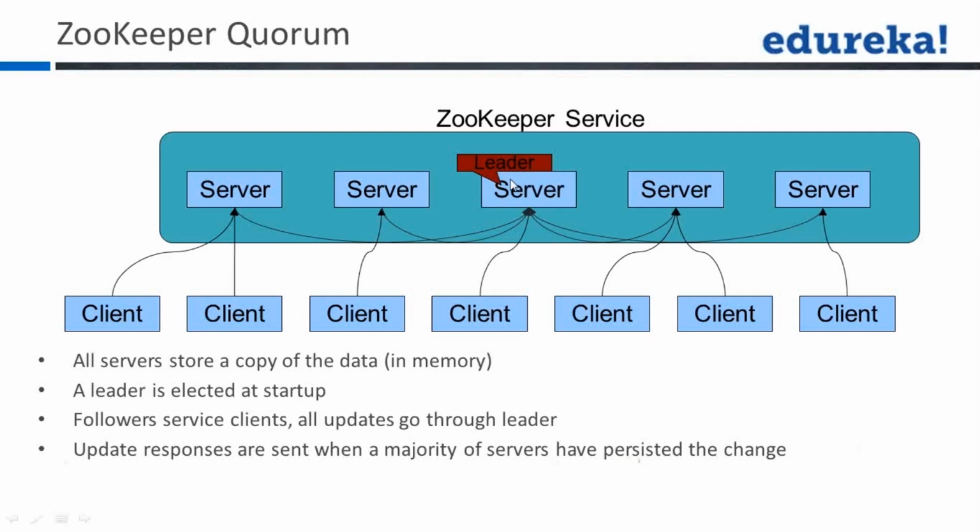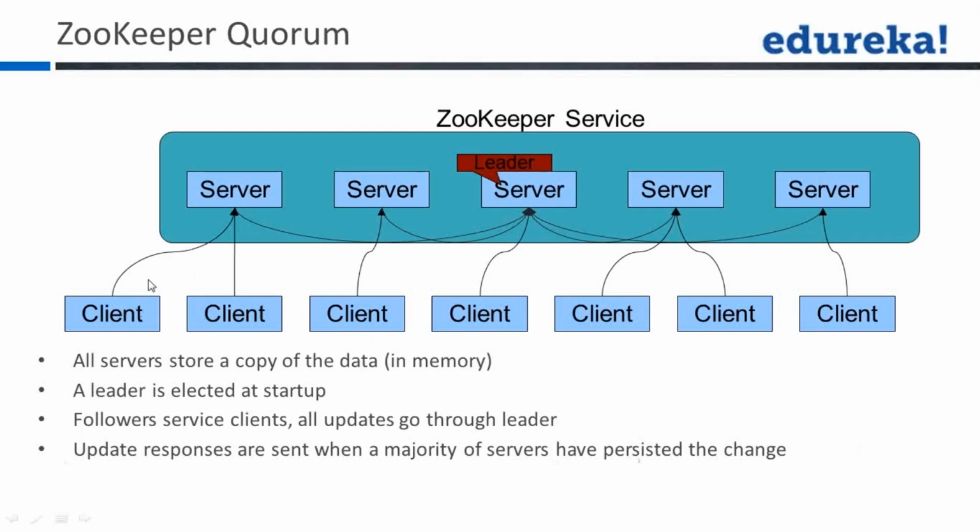The others will be in the queue, and they will be called followers. This server will be the leader, the others will be followers. The clients can connect to any of those followers also. But all the updates, all the changes, all the coordination of the cluster will happen through the leader.